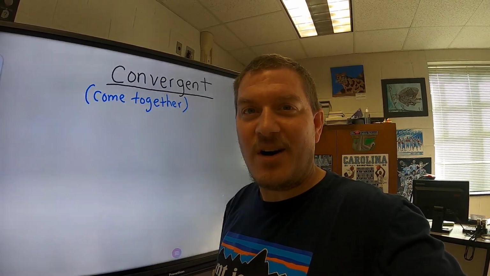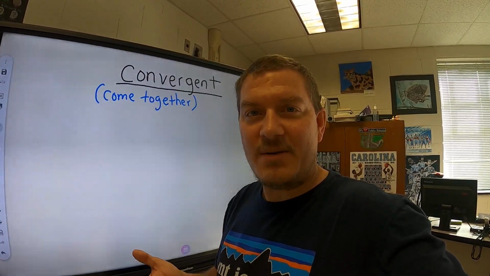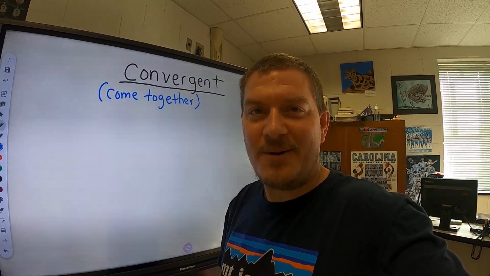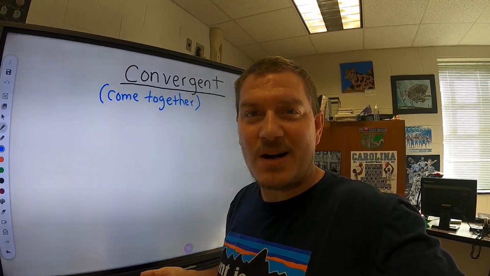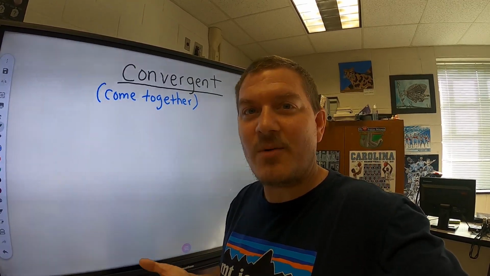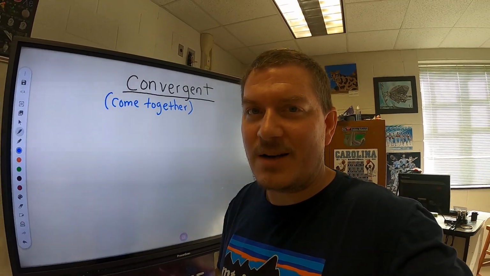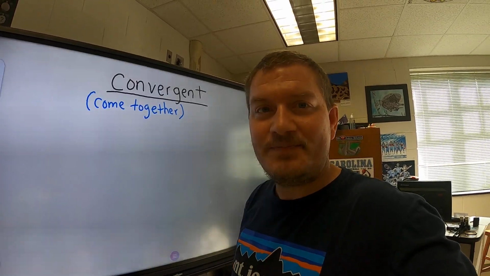Sometimes I'll hear teachers in the halls yelling, "Hey, stop congregating in the hallway." Congregate means to come together, a group of people coming together to talk, probably in the hallway. In science, we might get to a word later when we're studying rocks called conglomerate. A conglomerate rock is a mixture, a bunch of rocks that come together to form a new rock. So prefix con means come together.